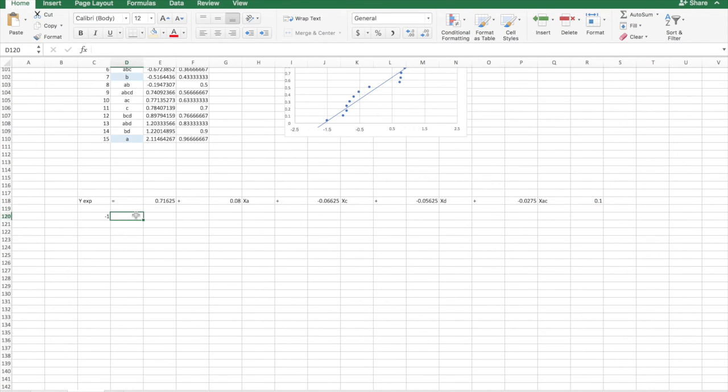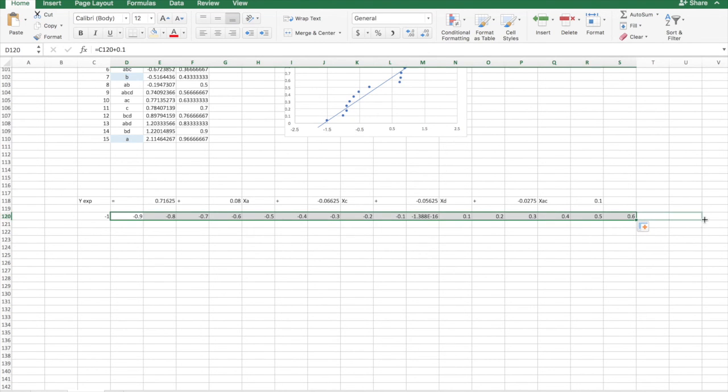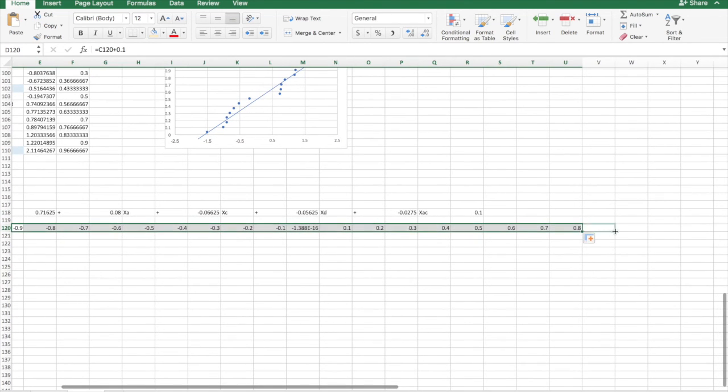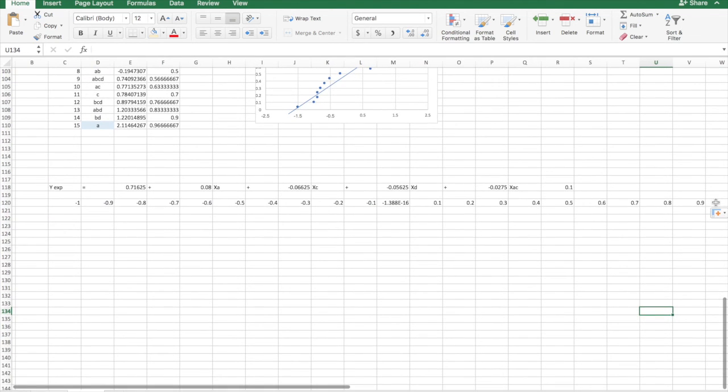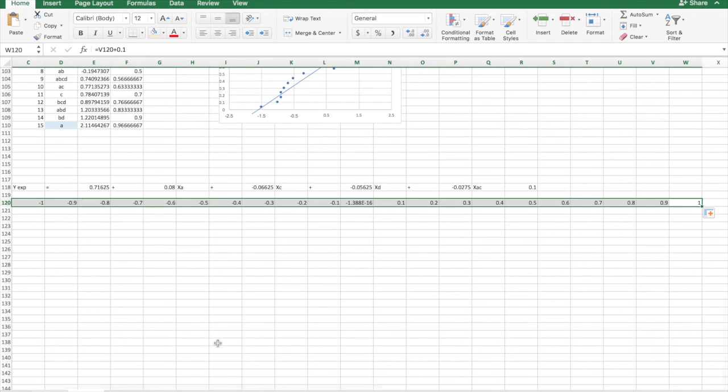It has to be this one plus 0.1, and we're going to do it until we have 1 in here, which then we select, and indeed they are 21.